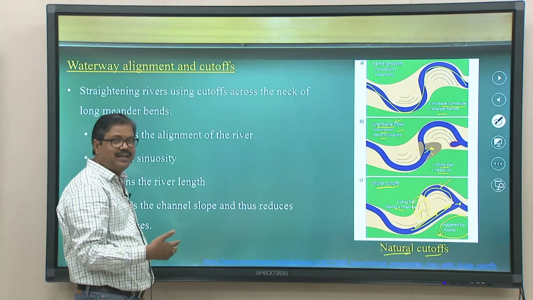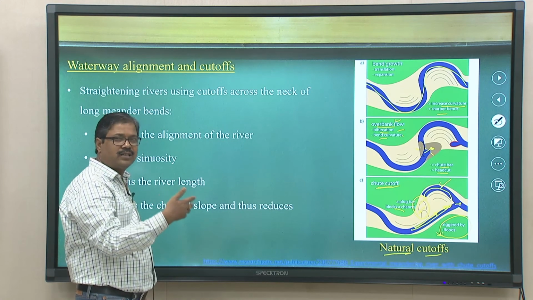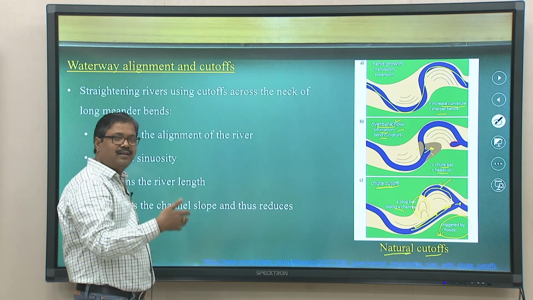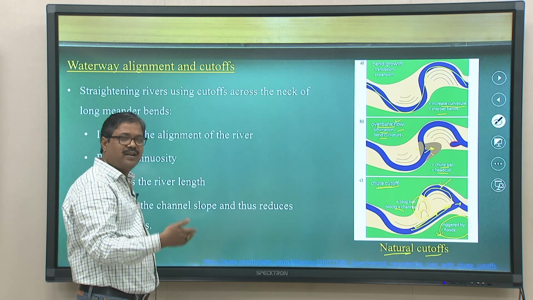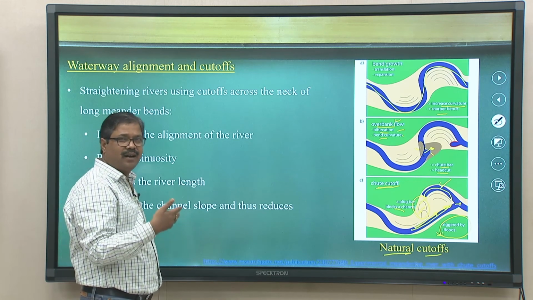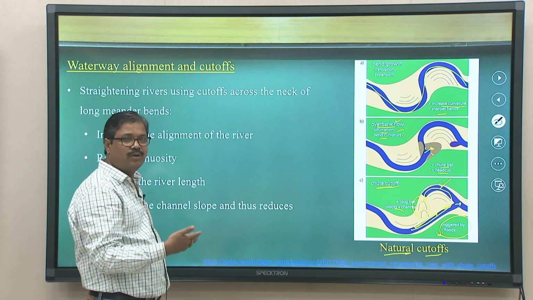The basic idea we learn from river systems is to understand the morphology of that particular river and how the natural cutoff process happens. The same cutoff mechanisms we introduce artificially to the river.